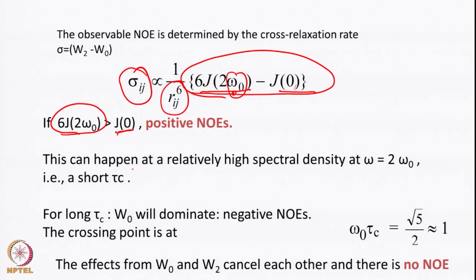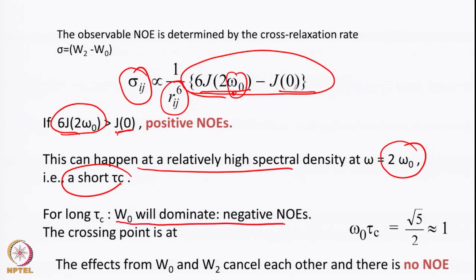We can have that for a small molecule where there is a relatively high spectral density at 2 omega 0, that is double quantum, and we have a short tau c. For a long tau c, which is typically seen in a macromolecule, omega 0 dominates, this whole term can be negative, and then the cross relaxation rate, which depends upon this form, gives you negative enhancement. So that is what we have seen.